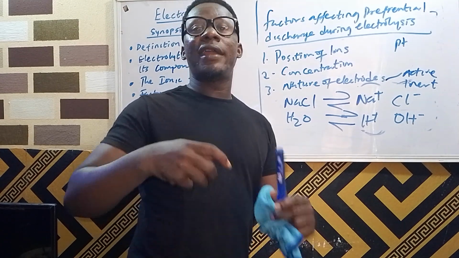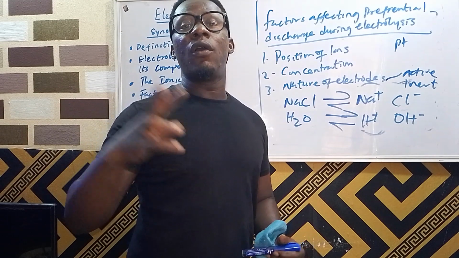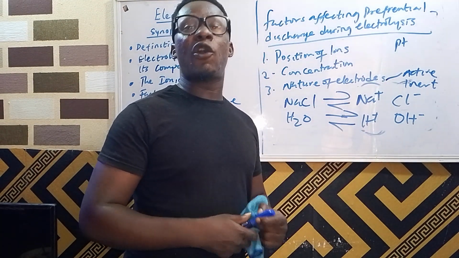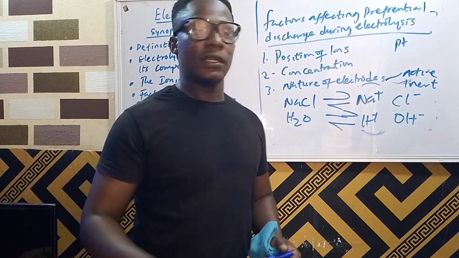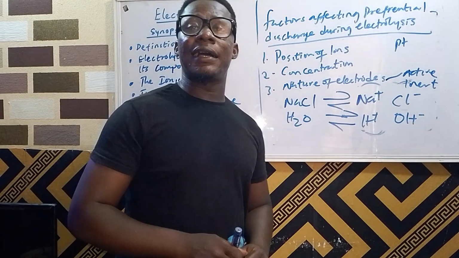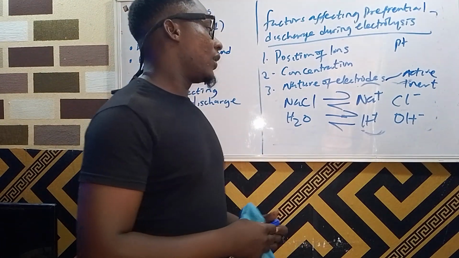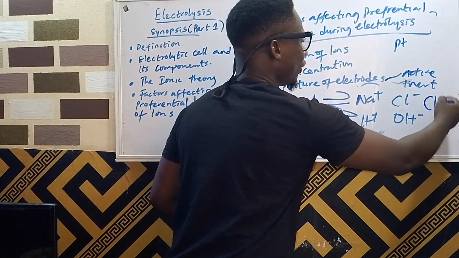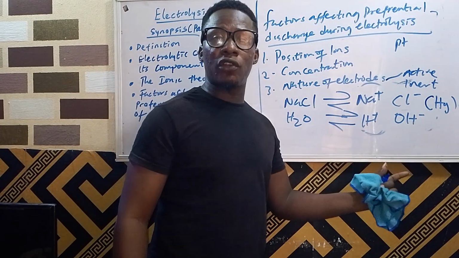However, there are some electrodes that, because of their strong affinity for one or more of the ions that are present, become active and take part in the reaction, and then we do not get our product. Those electrodes that take part in the reaction are called active electrodes. For instance, in this electrolysis, if we use mercury, Hg, as our electrode, it will affect the product of the reaction.